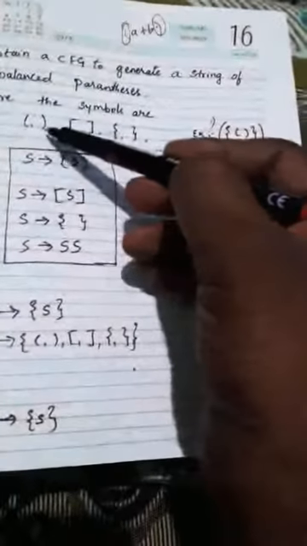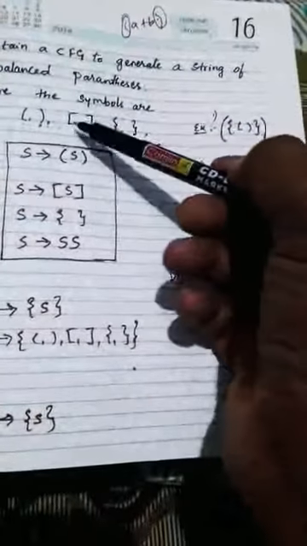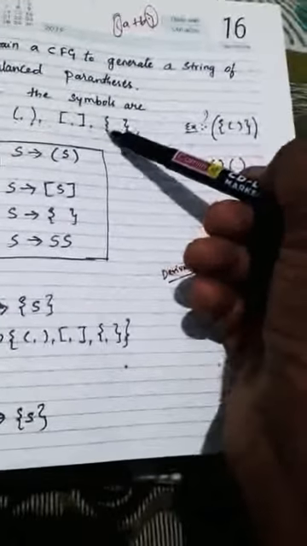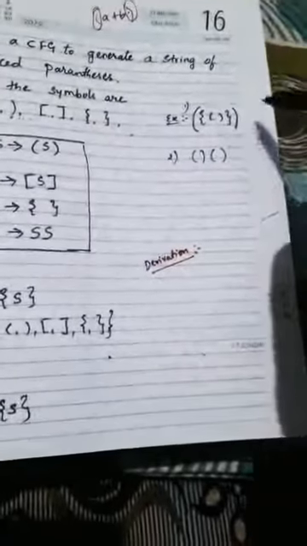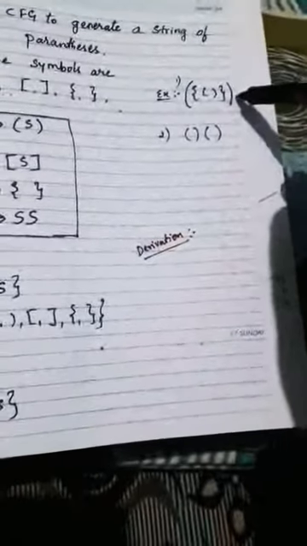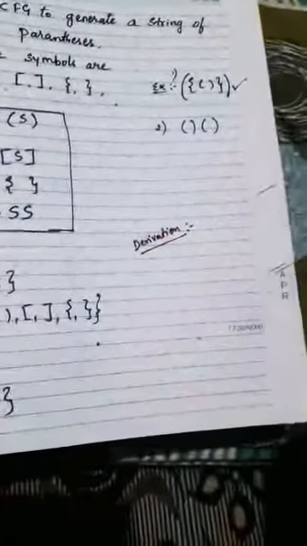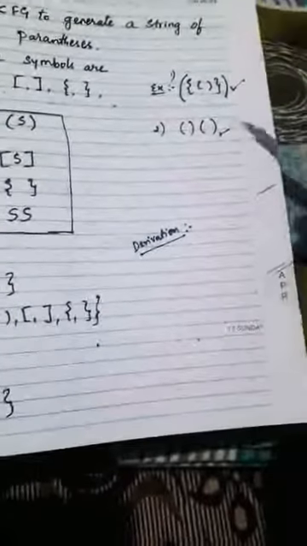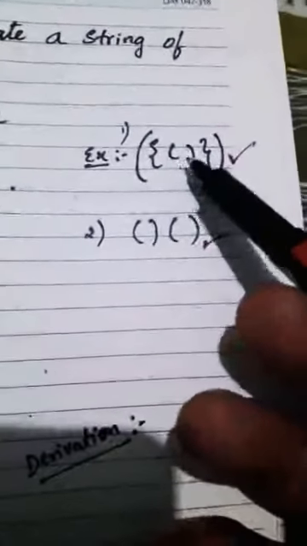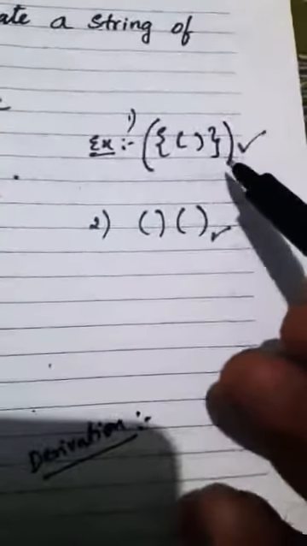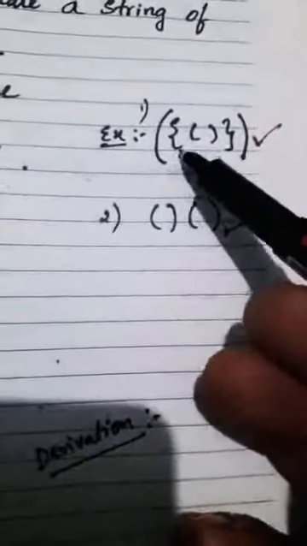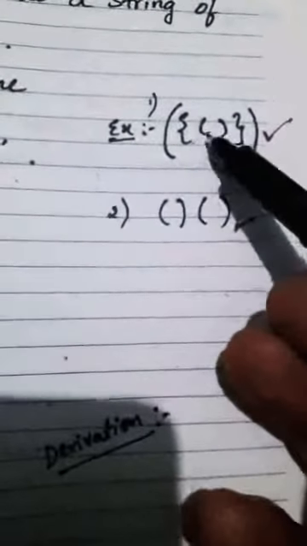Now we'll take three types of parentheses, that is common brackets, square brackets and flower brackets. I've taken two examples here. This is one set of balanced parentheses and this is the other type of balanced parentheses. You can see these two end at the same time, these two end at the same time and these two end at the same time.